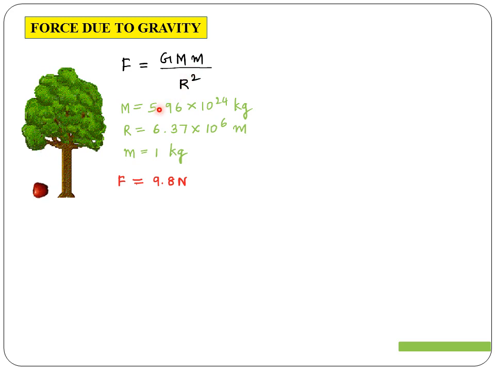So taking the value of m to be 5.96 × 10^24 kg and radius to be 6.37 × 10^6 meter, let us find the force of gravity on a body of mass m, which is equal to 1 kg, and this object is on the surface of Earth.